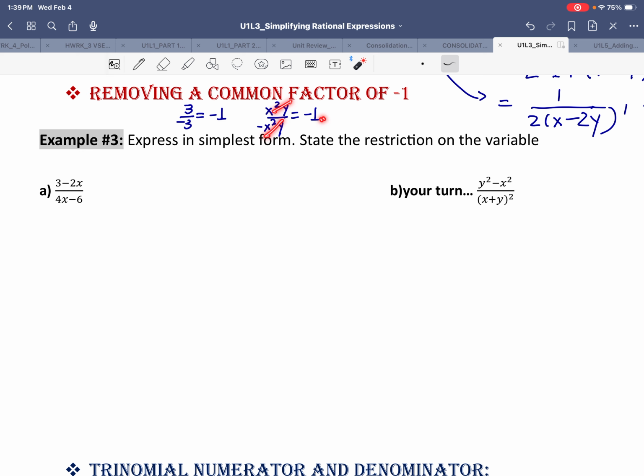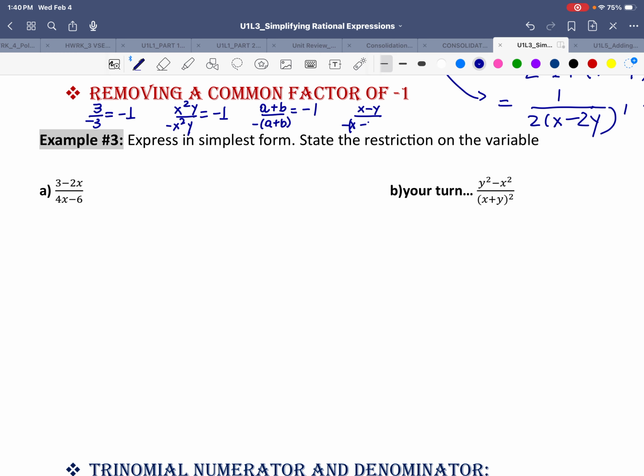Now, in a similar way, often we encounter opposite binomials. Opposite binomials will also divide to -1. So I'm going to try to squeeze in a few more examples here. Now, if you have, let's say, a binomial of the form x minus y, the opposite will be -x minus y.